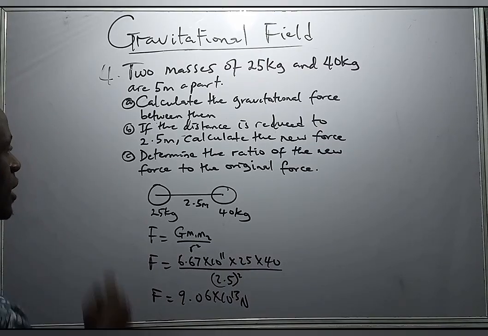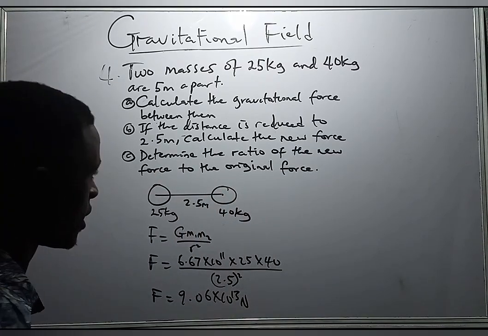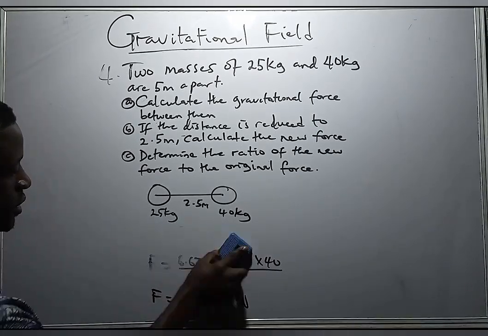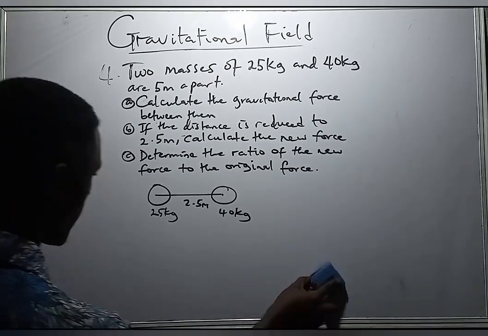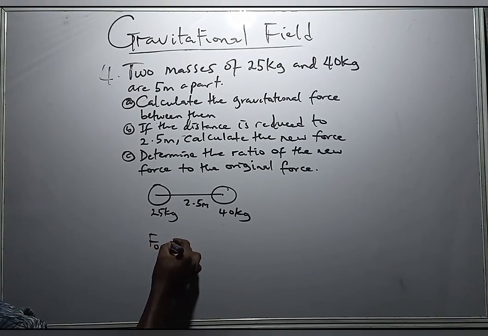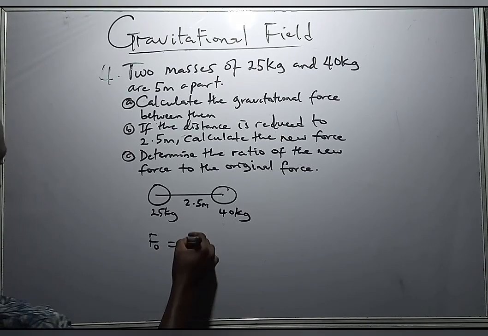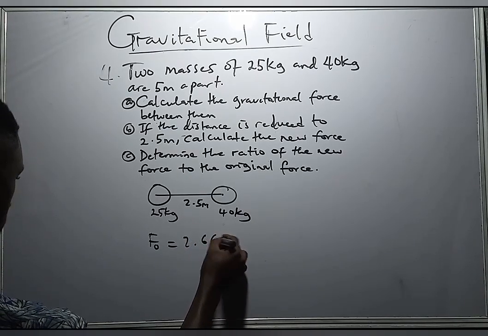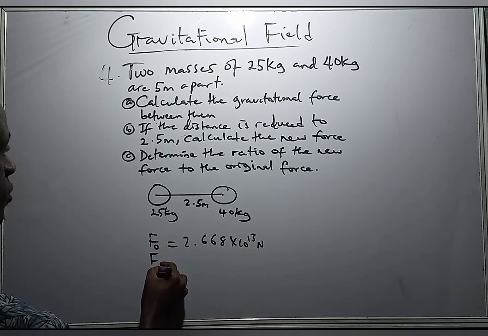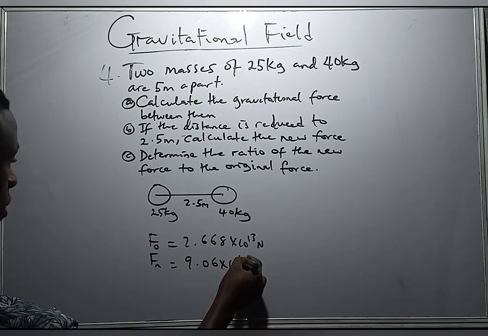Now let's go to C. C says determine the ratio of the new force to the original force. Remember that our original force, let me call it F0, was 2.668 times 10 raised to the power negative 9 Newton, and the new force was 10.668 times 10 raised to the power negative 9.